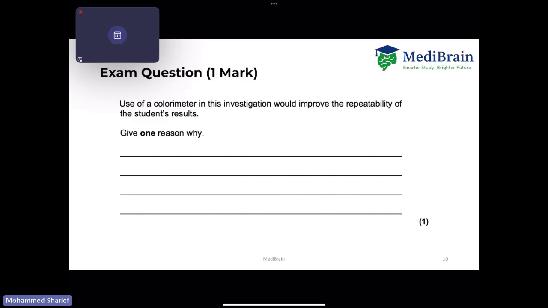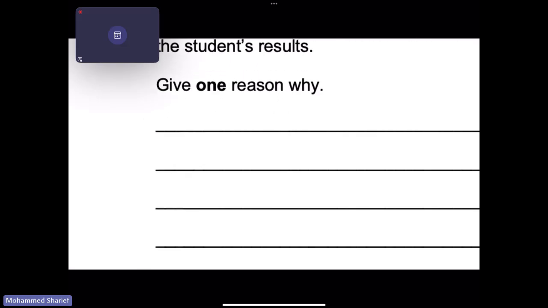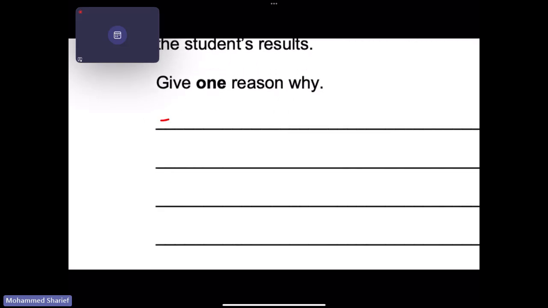Because color change is subjective. Some people might perceive blue to be sort of purple, some people might perceive it as blue. So the reason why we use a colorimeter is because it will make the results quantitative.